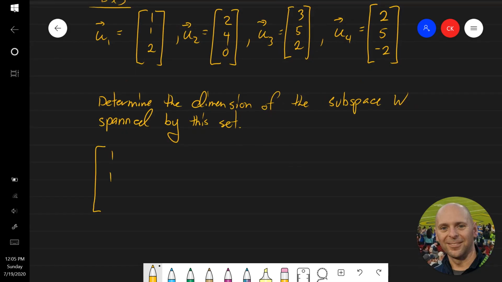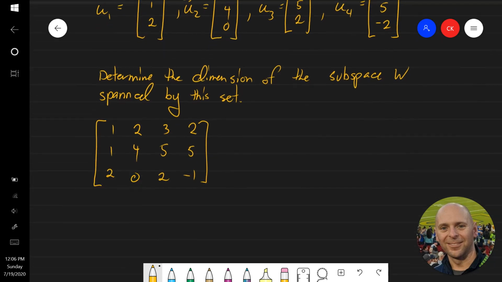So 1, 1, 2, 2, 4, 0, 3, 5, 2, 2, 5, negative 1. What we're after here is to turn this into a basis, and we can do that using processes we've already been through. In this case, we're really just concerned with the dimension of the subspace.